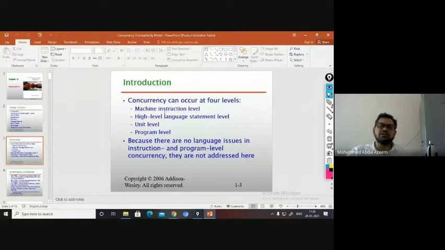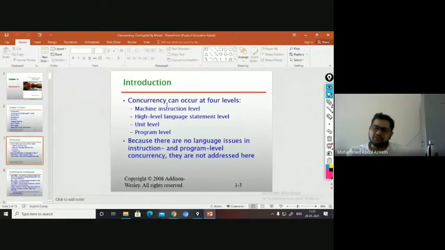Machine instruction level, as I told you in the last class, we had a very good discussion on how we can achieve concurrency on instructions and data, taking them as two parameters, which has been classified by M. J. Flynn. M. J. Flynn is one of the scientists who gave us a good taxonomy on concurrency, taking instruction and data as the parameters, where he has given us 4 types of classification from the hardware point of view.